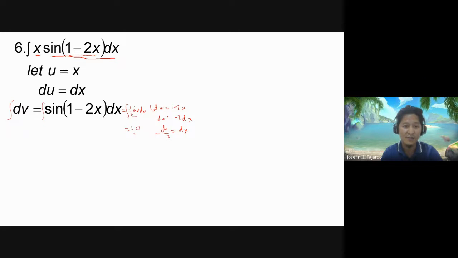So, gawin ko na lang positive cosine w. So, ang magiging v ko will be 1/2 cosine of w, which is cosine of (1 minus 2x) over 2. Malinaw po?